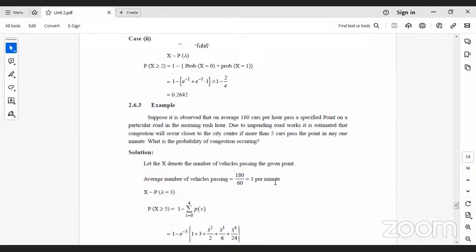Let x denote the number of vehicles passing the given point.